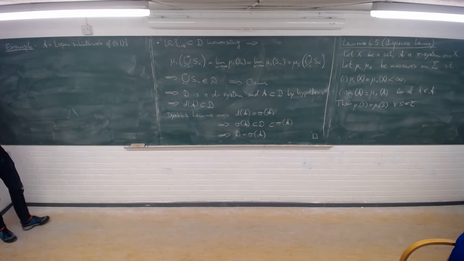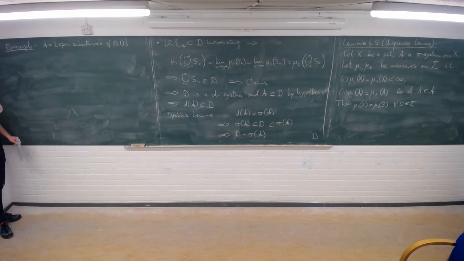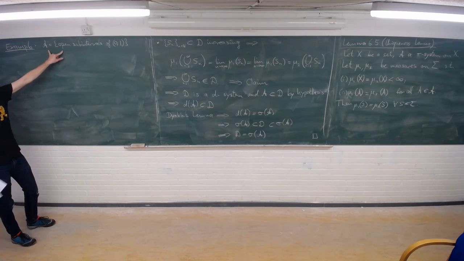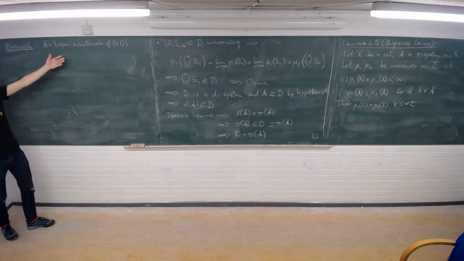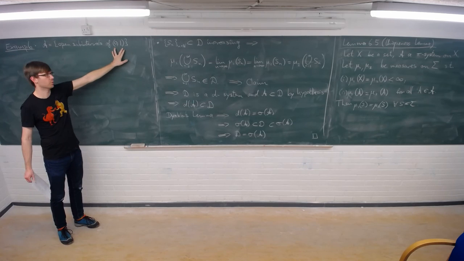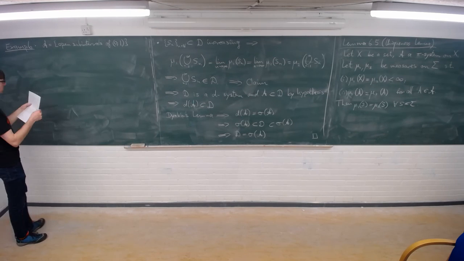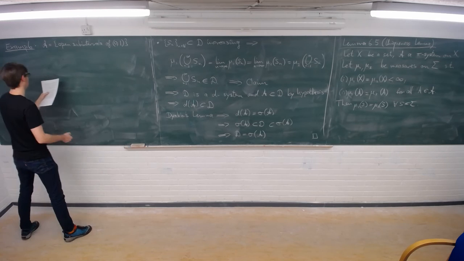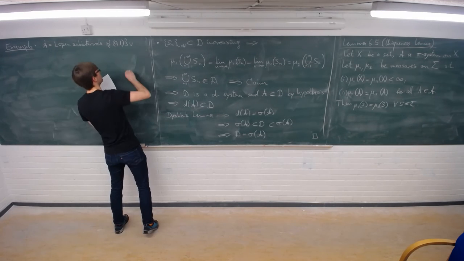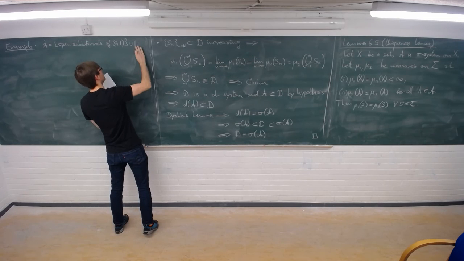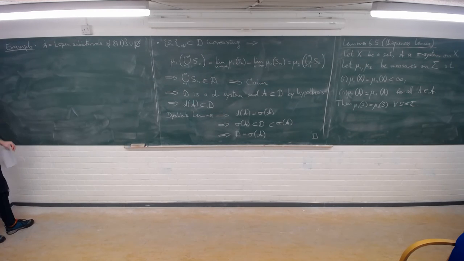We can take all the open subintervals of the interval from 0 to 1. Then that's a pi system, right? If we take the intersection of two open subintervals of this, then that's again an open subinterval of this. Maybe to be absolutely safe, let's add the empty set.